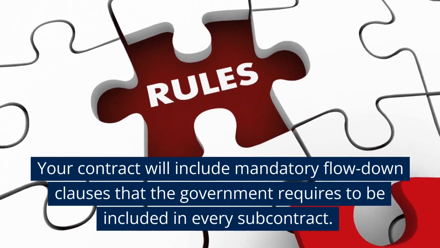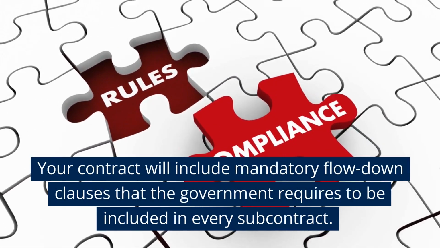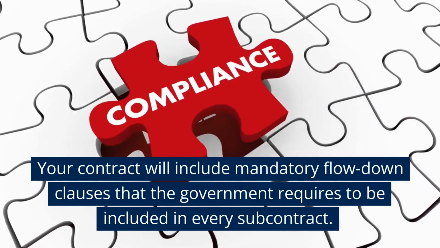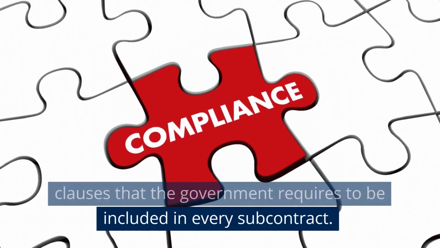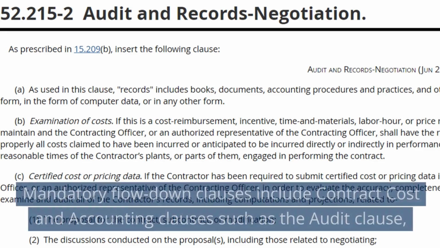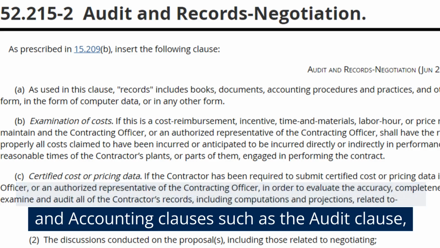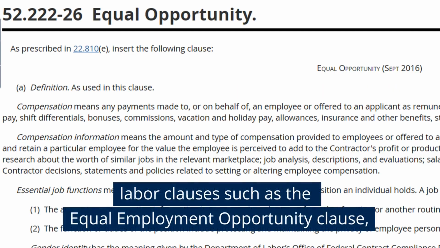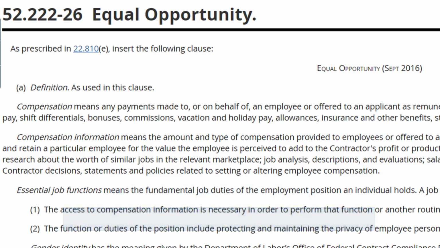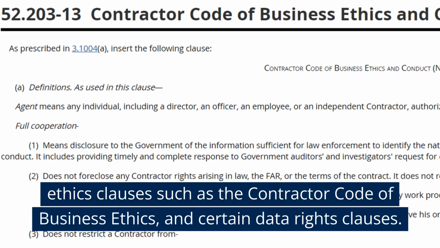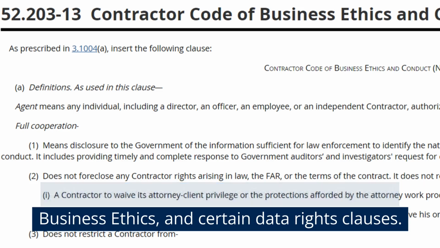Your contract will include mandatory flow-down clauses that the government requires to be included in every subcontract. Mandatory flow-down clauses include contract cost and accounting clauses, such as the audit clause, labor clauses, such as the Equal Employment Opportunity Clause, ethics clauses, such as the Contractor Code of Business Ethics, and certain data rights clauses.